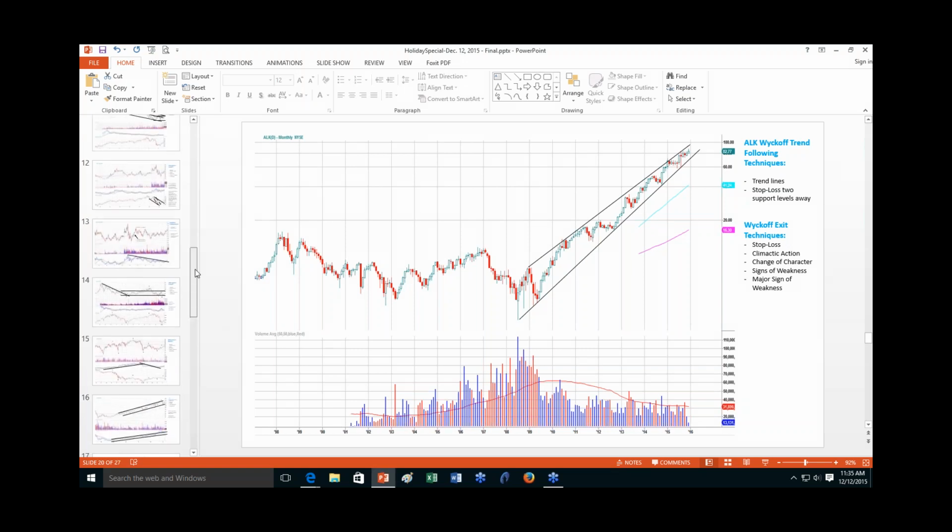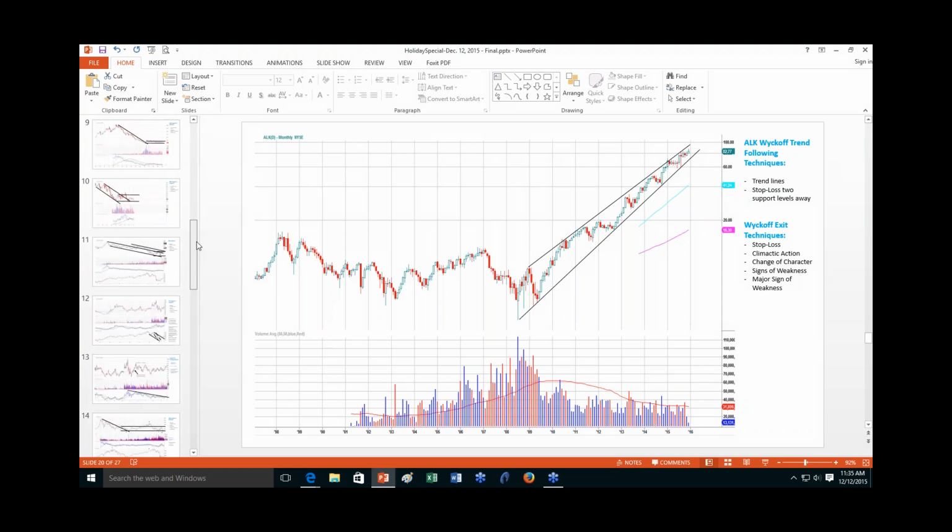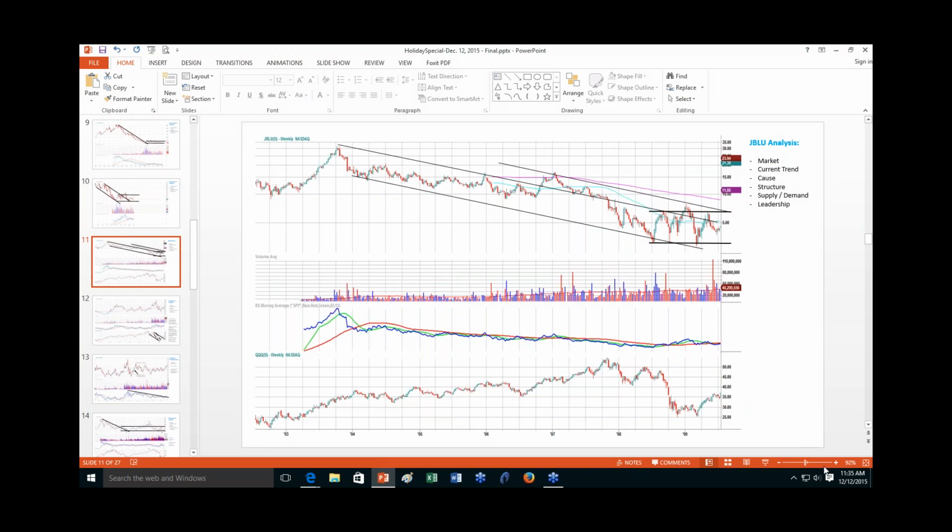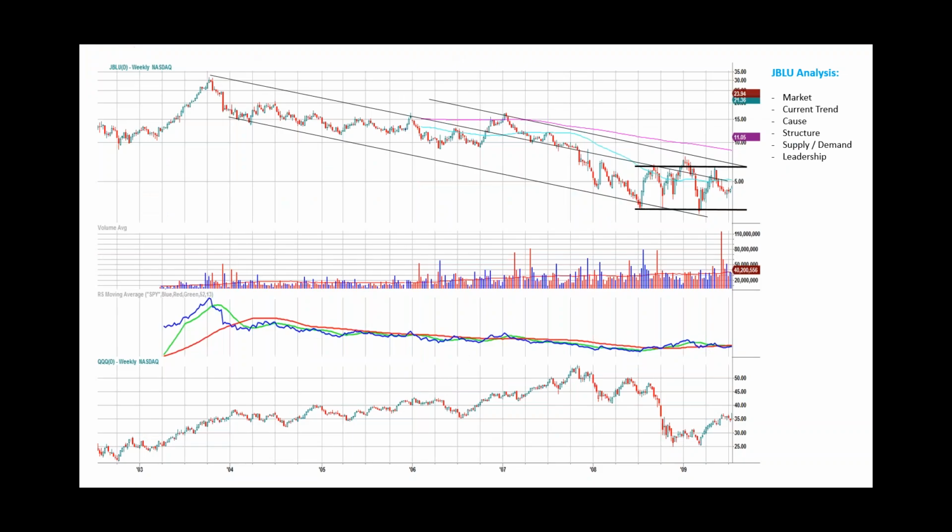So early on, we were looking at JetBlue, and we were saying that even though there is a change of character and we are going into the consolidation and we start marking up the phases, labeling the phases, we are still somewhat in the downtrend, especially with this overthrow right here. So the supply line still has not been violated.